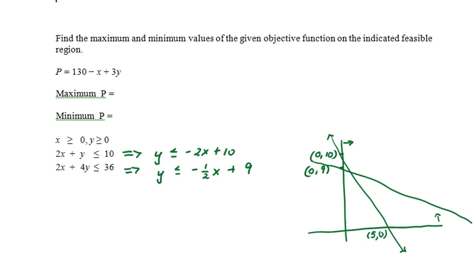And this is not to scale, but this would be the point (18, 0). And so it's everything below each of these lines as well.